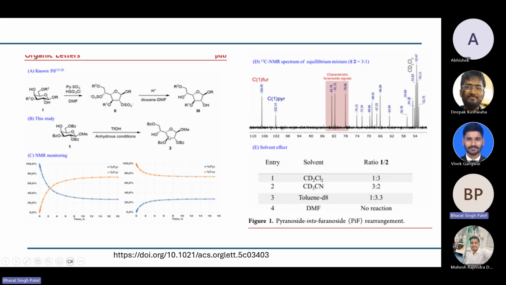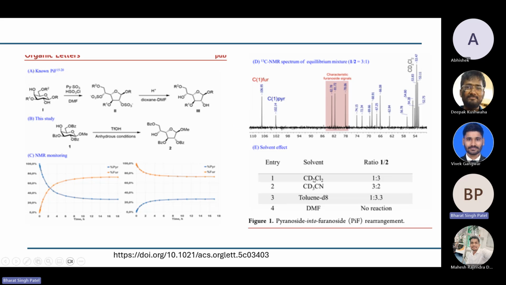They wanted to approach it in a systematic way, or a forward synthesis scheme, so that they could control the synthesis of the furanoside. So they started this experiment in an NMR tube using different solvent systems.